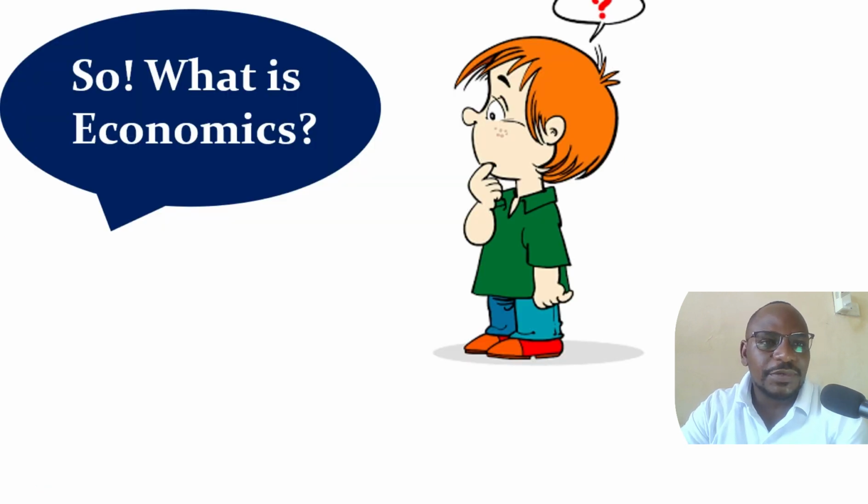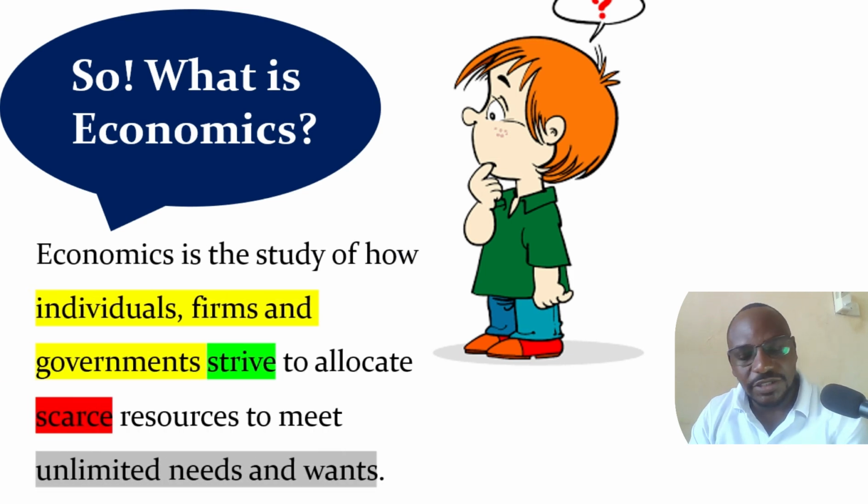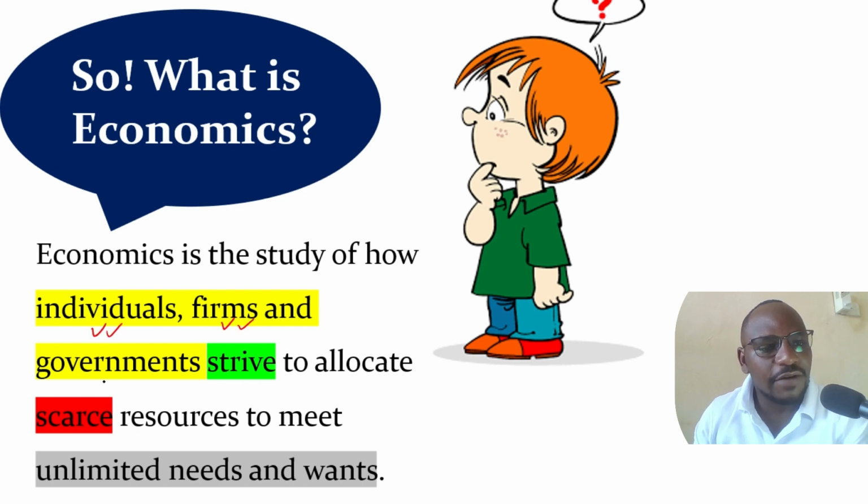So we ask ourselves, so what is this subject of economics? I've given this detailed definition, but I've highlighted some of the terms and I will explain the reason why they are looking so. So the first one is economics, the study of how individuals, we have firms, we have governments, they strive.